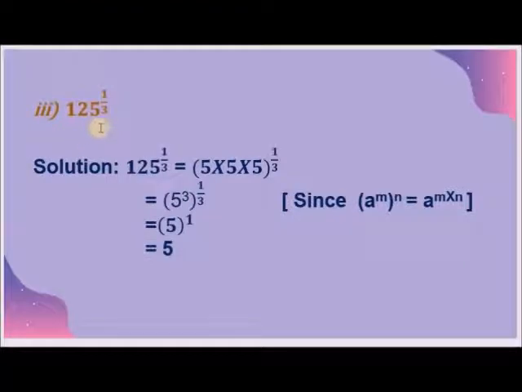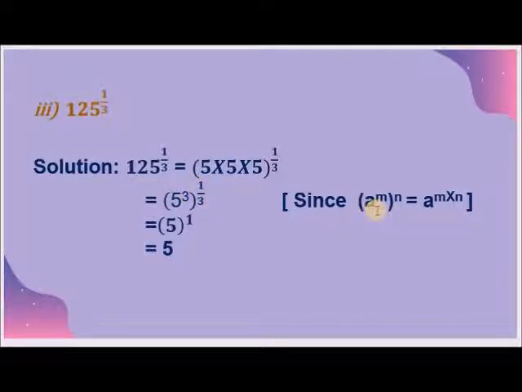The next part is 125 raised to the power 1 by 3. Then 125 we can write as 5 multiply 5 multiply 5 raised to the power 1 by 3. Then again this we can write as 5 raised to the power 3 to the whole power 1 by 3.